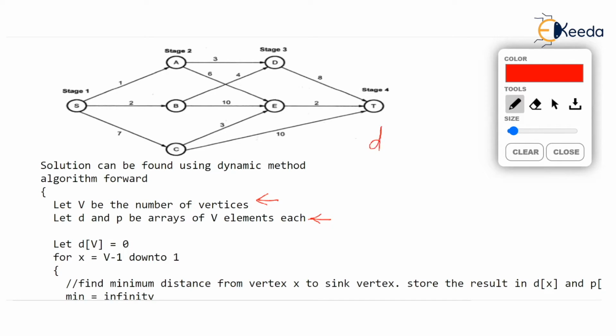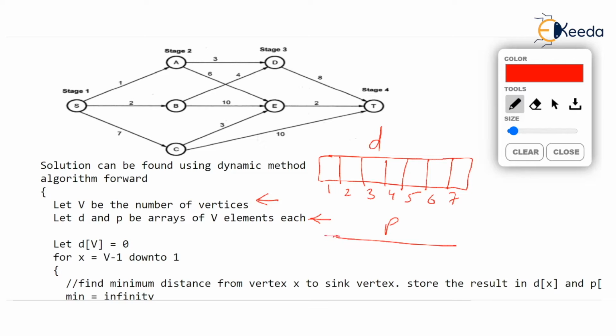So in this example, the D array, I will redraw it, will have 7 elements. There are 7 elements in the D array, and there are 7 elements in the P array.